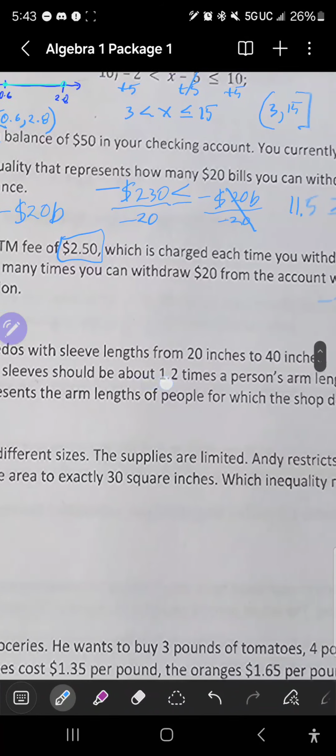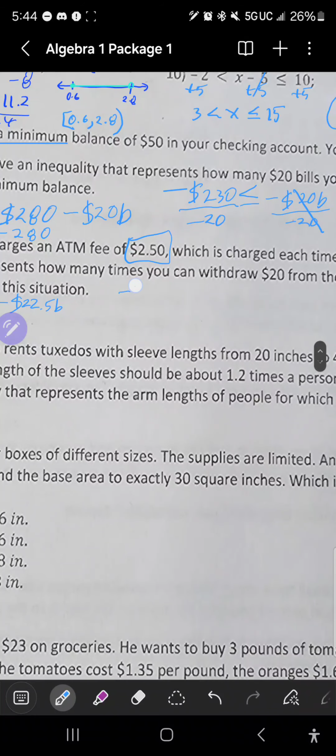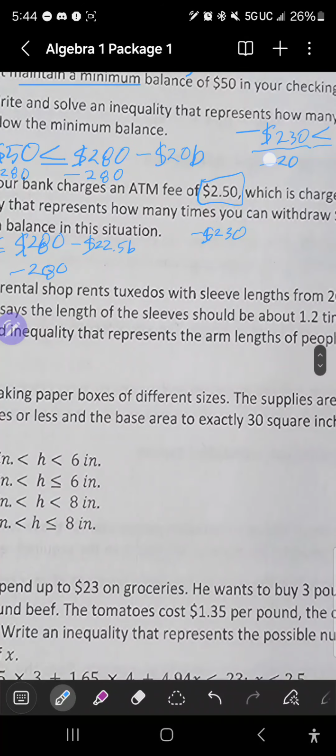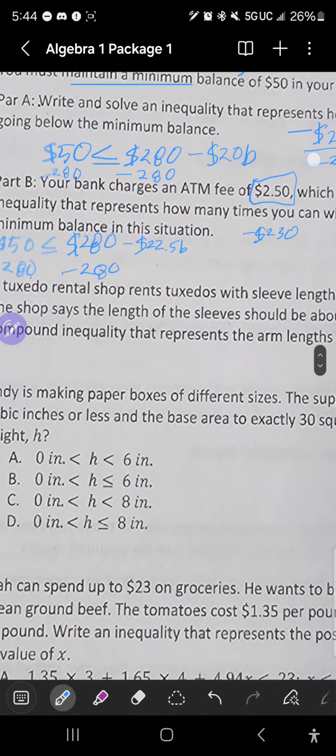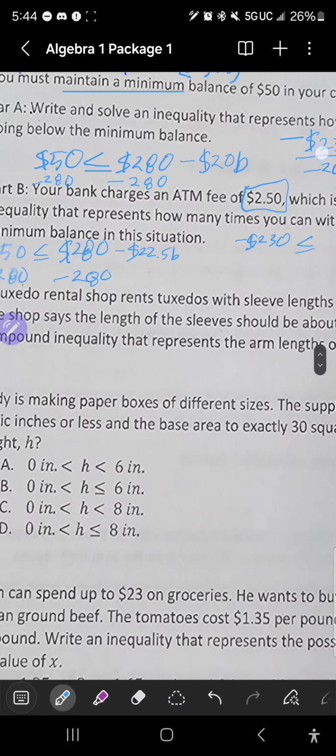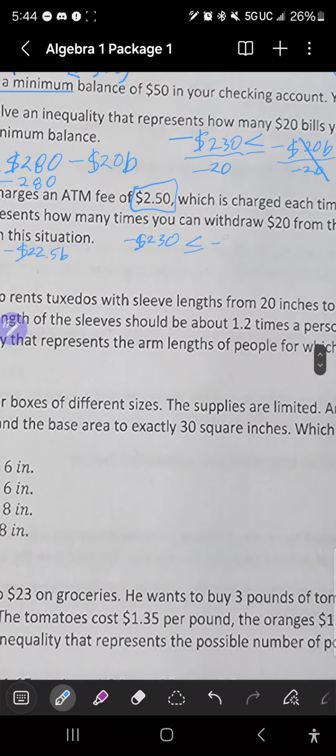We're going to get negative 230 again, because of the same reason. It's going to be less than or equal to negative 22.5b.